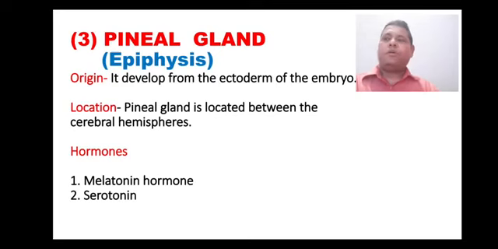Number 2, serotonin, a hormone and neurotransmitter found in other locations in the brain. It is also found in the pineal gland. Research evidence is accumulating to support the idea that the pineal gland may be involved in regulating cyclic phenomena in the body.